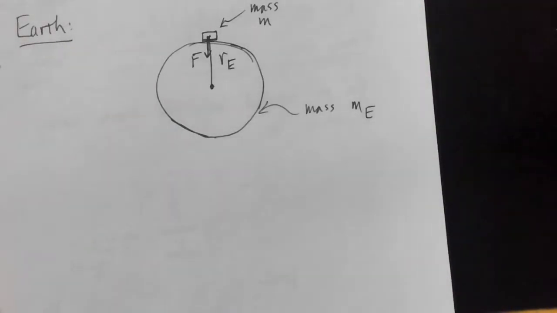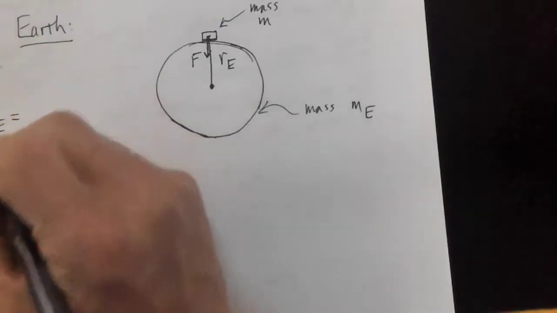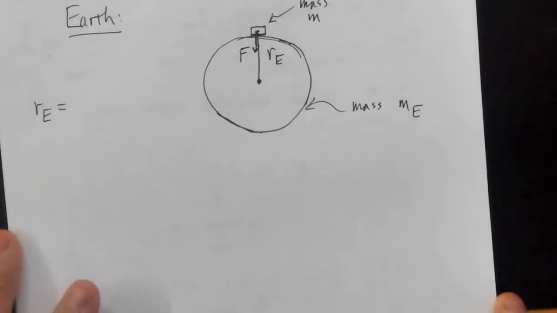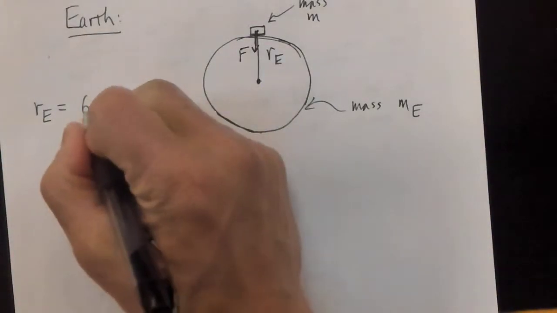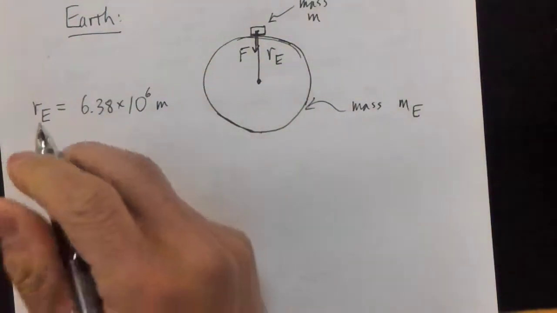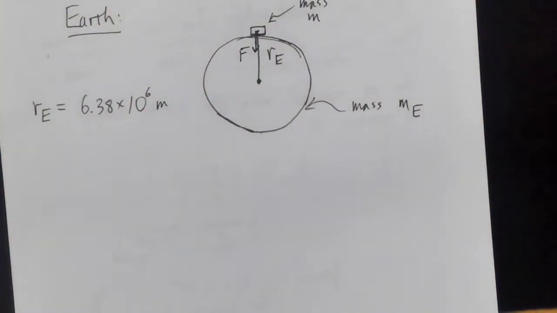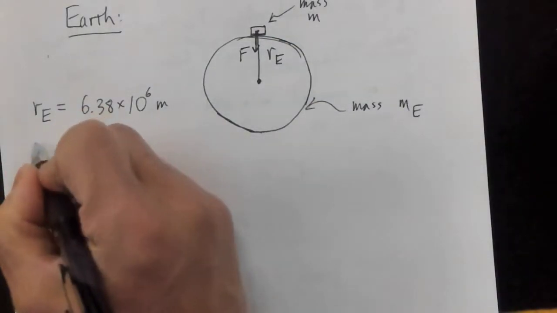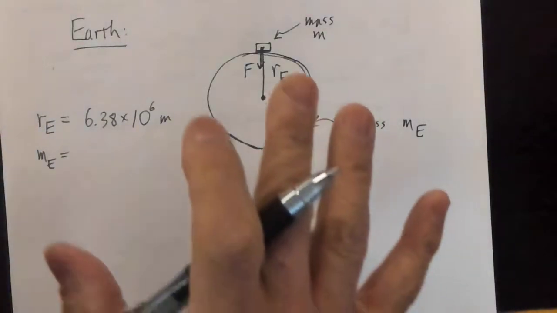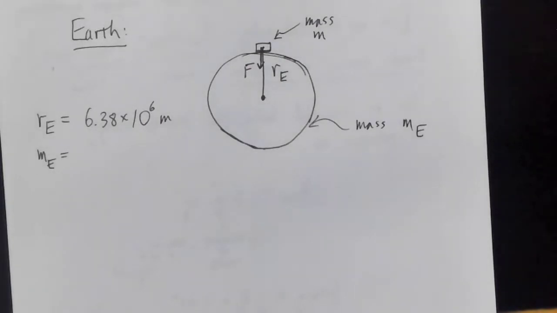Let's calculate what the force will be. So let's first give you some numbers. The radius of the Earth, if you average over all points on the surface of the Earth, is approximately 6.38 times 10 to the 6 meters, or 10 to the third kilometers, if you like. I'm giving you the mass of the Earth, but you could actually do this calculation backwards and deduce the mass of the Earth, because most of you probably wouldn't know how to calculate it.